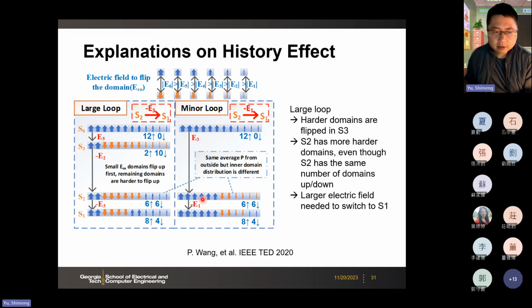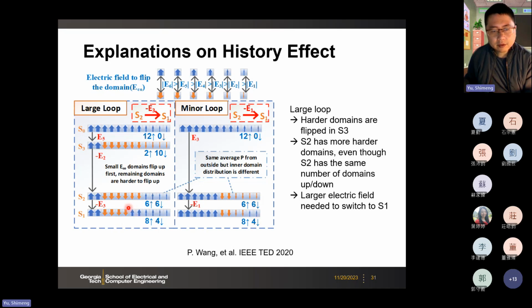So again, in this S2, we have 6 up and 6 down. But if you look at the internal configurations, they're different. So in the next switching to S1, we want to flip 2 more up. Here we will start with those 2. But those 2 are more difficult to flip than these 2. So that's why here we need to use a larger voltage than this one, because here we have easier domains to flip.